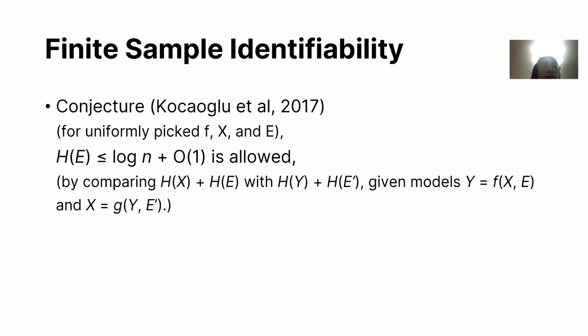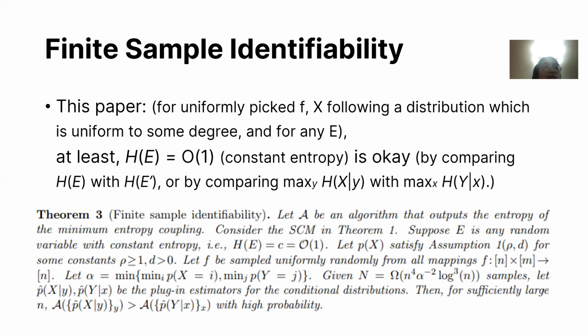And this paper tries to solve this conjecture partially. So under some uniform sampling assumption, at least a constant entropy exogenous variable is permitted.